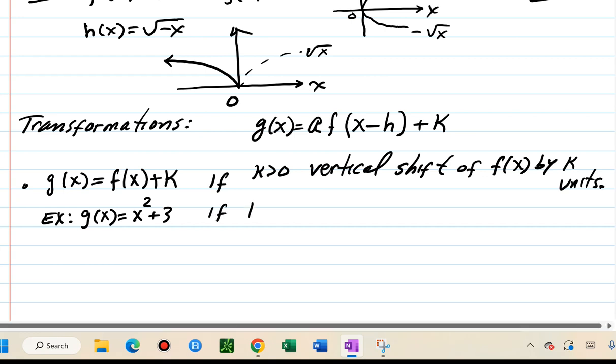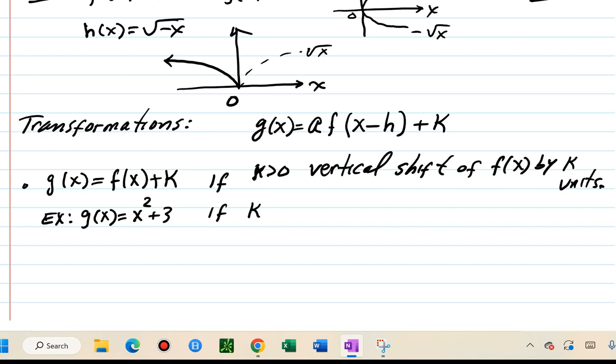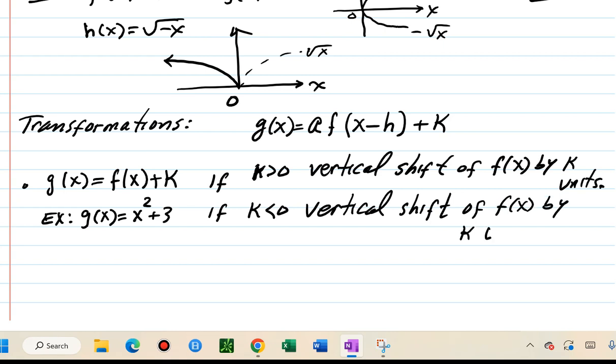And if k, my k looks like x, there you go. If k is less than 0, then it's going to be a vertical shift still, not a stretch or compression, but a shift of the original function f of x by k units.